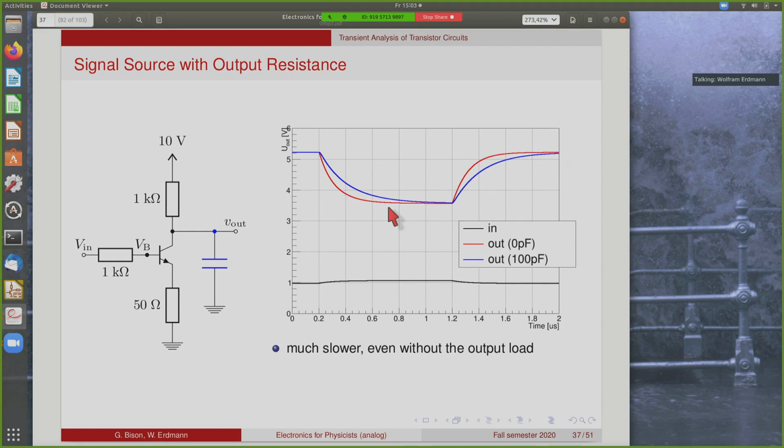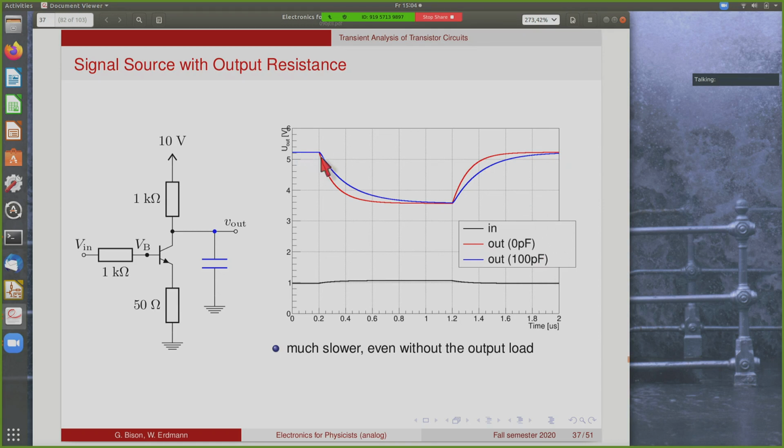We simulated that here. So now the signal goes through a 1 kilo ohm, which is thought to be part of your signal source, of course. And now the output becomes much slower. You can see it here in red for the case of no capacitive load at the output, and in blue for the case with 100 picofarad capacitive load at the output.